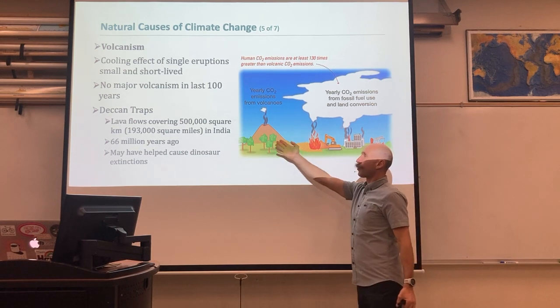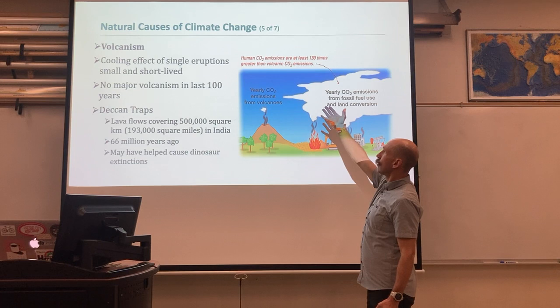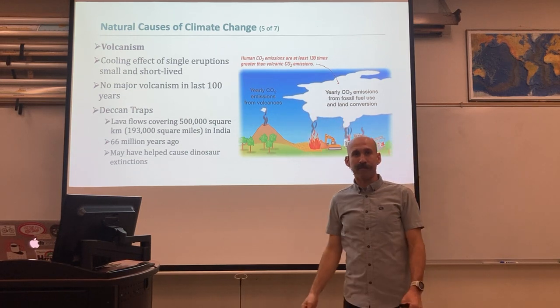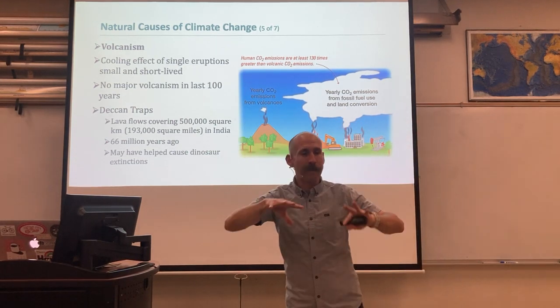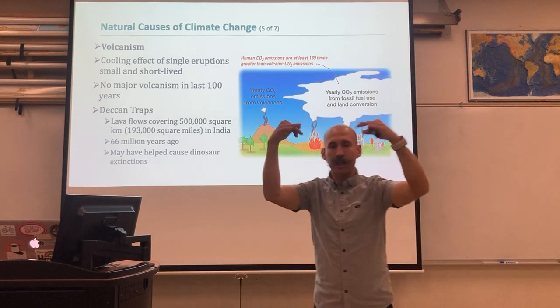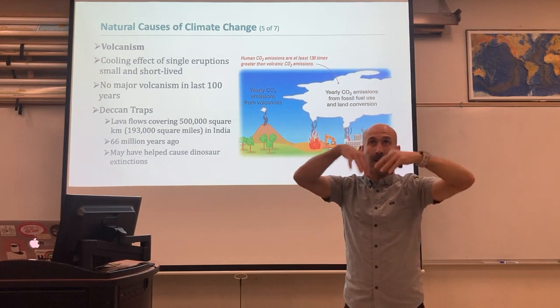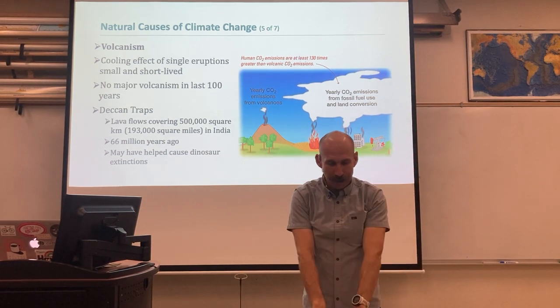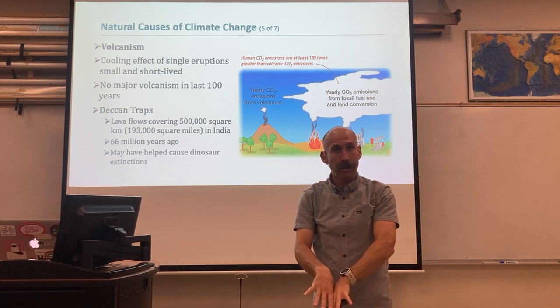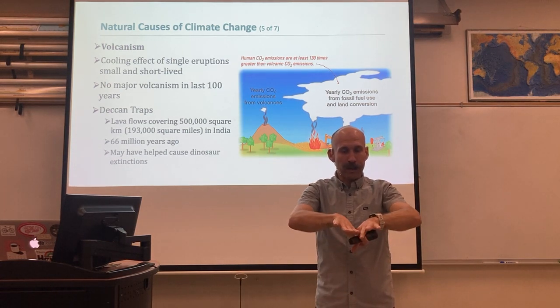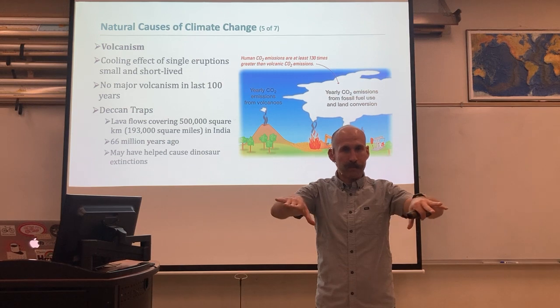They also erupt CO2 into the atmosphere. So let's go big picture here for a second. The ocean is a biological pump that takes carbon out of the atmosphere and drops it into the bottom of the ocean. We know that the middle of the ocean is the mid-ocean ridge, and it spreads apart.